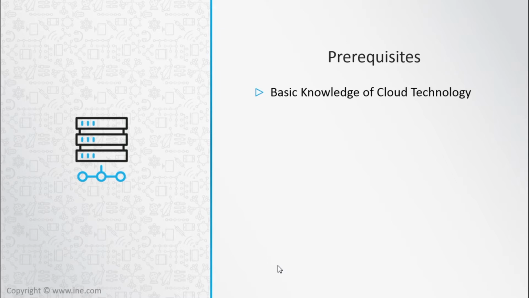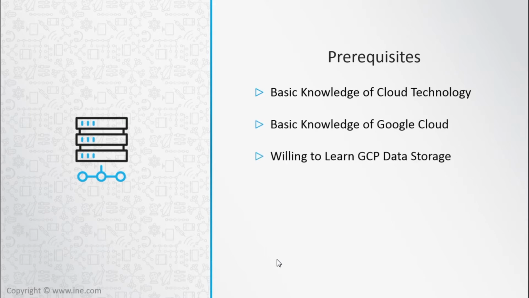Hopefully, if you're taking this course, you have a good understanding of what cloud technology is. You have a basic knowledge of Google Cloud. You're willing to learn more about GCP data storage, and that you have a free trial account or free tier with Google Cloud.